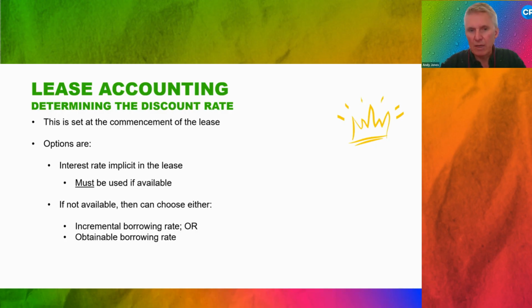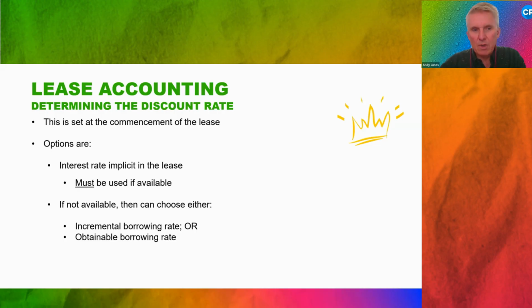So if you had to pay £1.5 million over the period of the lease, what would be the rate that you could get in the market to borrow that amount of funding? And again, you can talk to your bankers to get an idea of what that rate could be.